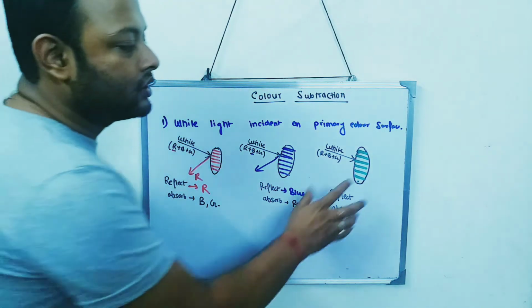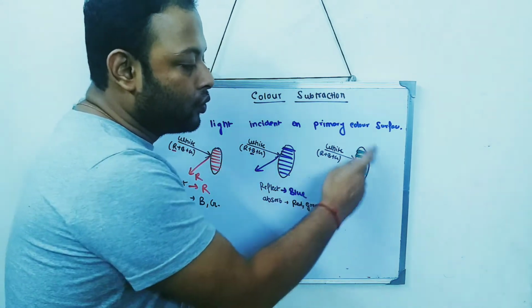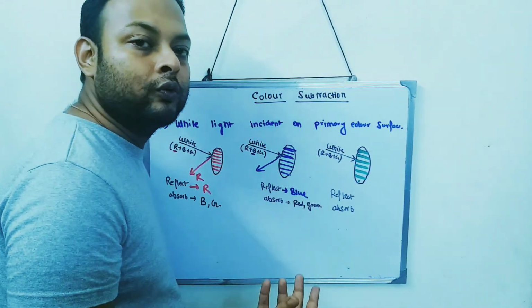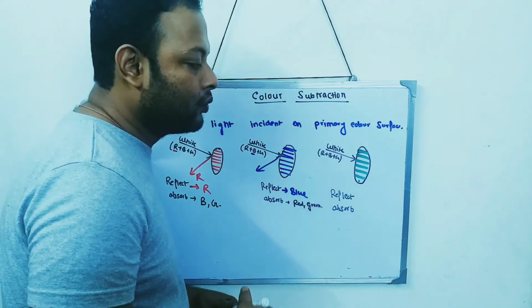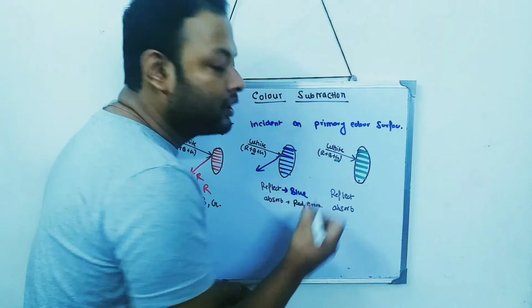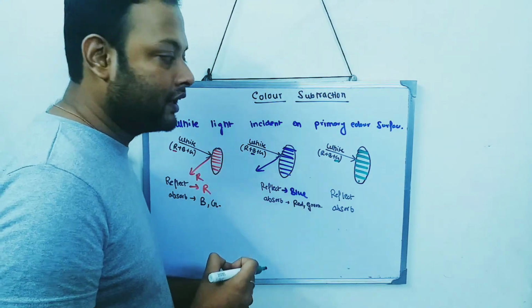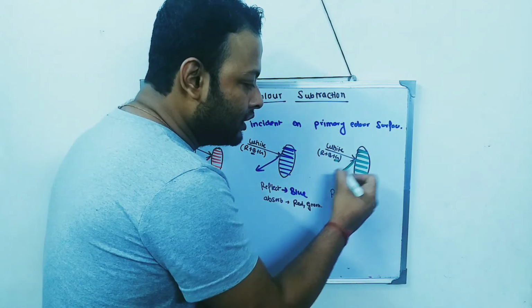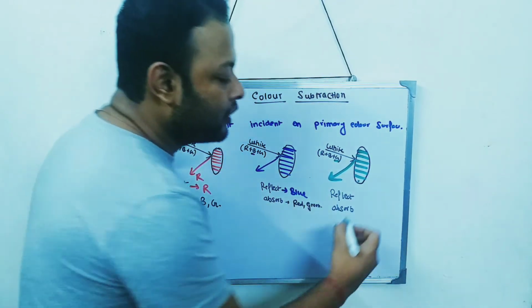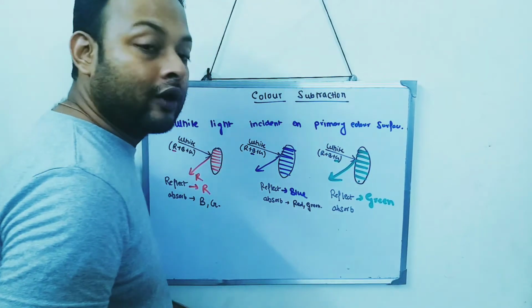Similarly, now you consider over here the green surface. Which color will the green surface reflect? The green surface will try to reflect only the green component of light. So it reflects the green component, and what does it absorb?